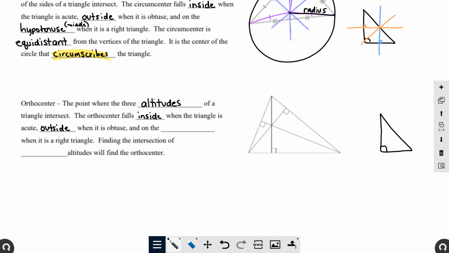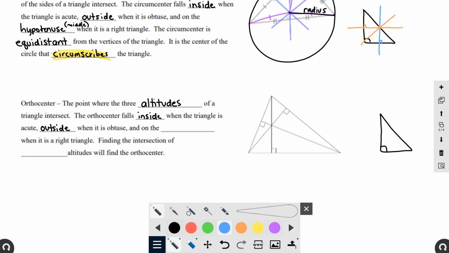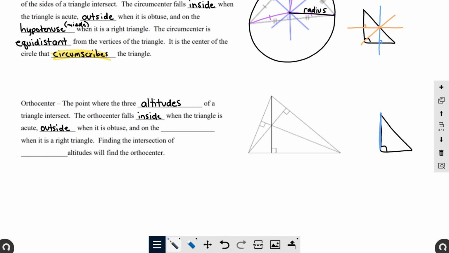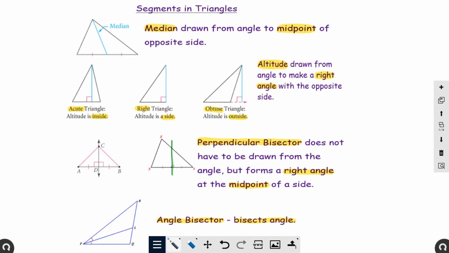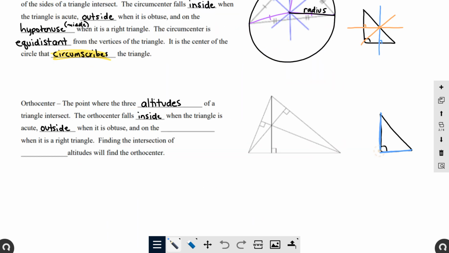Now, look back at your right triangle on the front that we did when we did altitudes. Where was the altitude on a right triangle? It was on the side, right? So your altitude for this right triangle is going to be here. Now, if I turned this right triangle, where is it going to be with the base? At the base. So where do they intersect? Oops, now it went backwards.